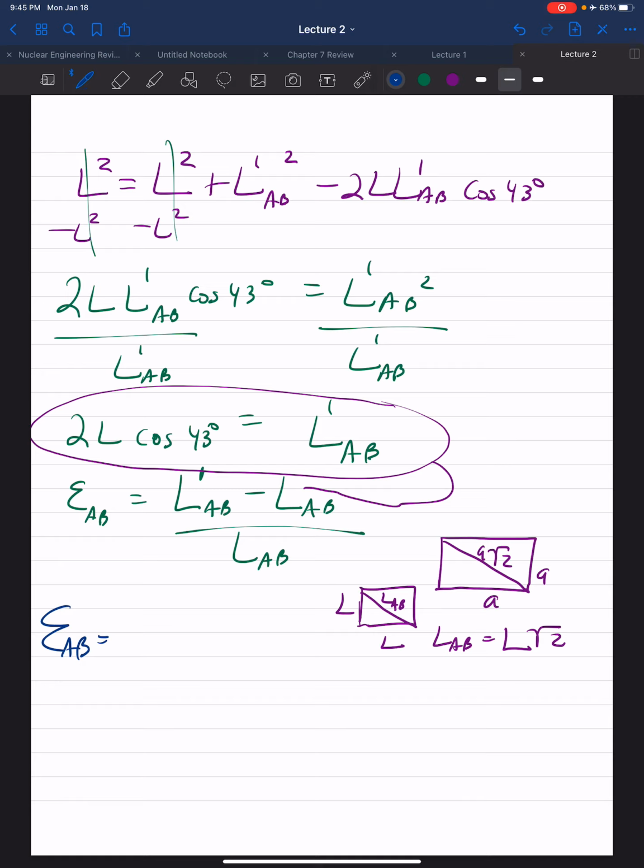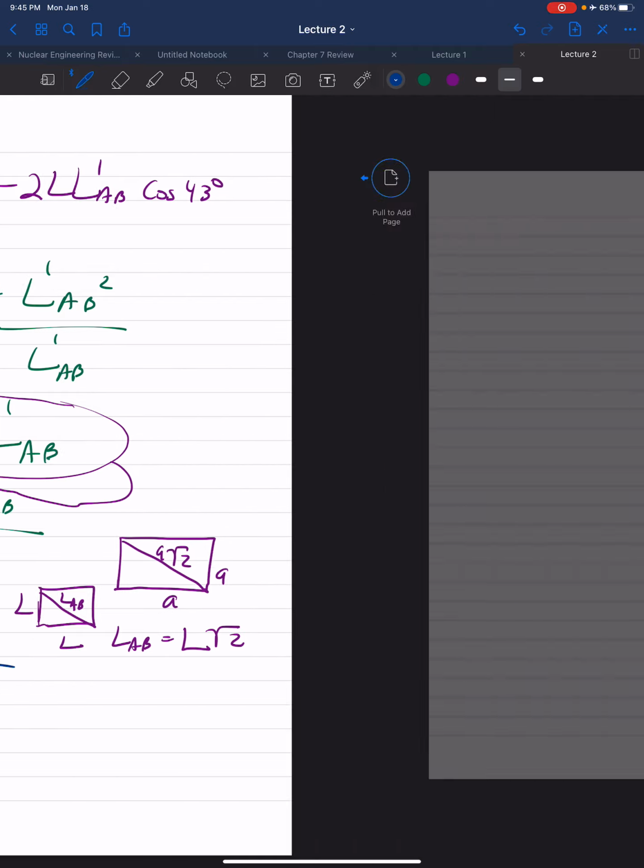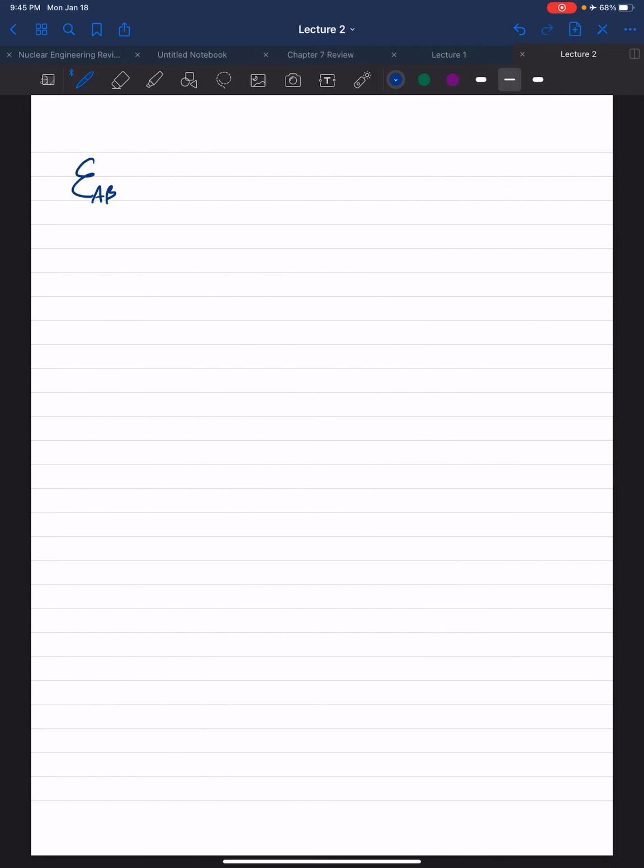L prime AB is 2L times cosine 43 degrees. That's the substitution, minus L AB, which is L times the square root of 2, over L AB, which is L times the square root of 2. Rewrite that on a clean page. Normal strain in wire AB equals 2L cosine 43 degrees minus L times square root of 2, over L times square root of 2.